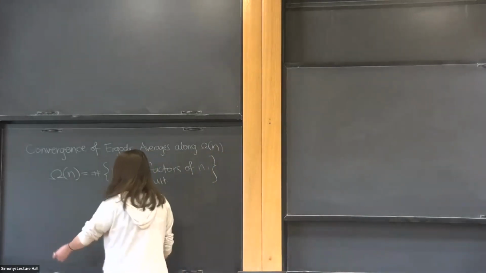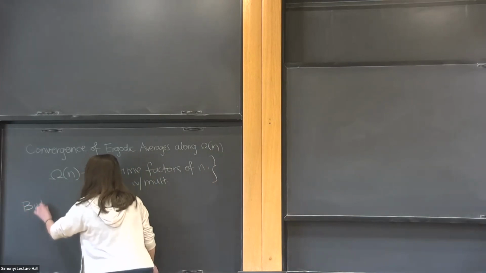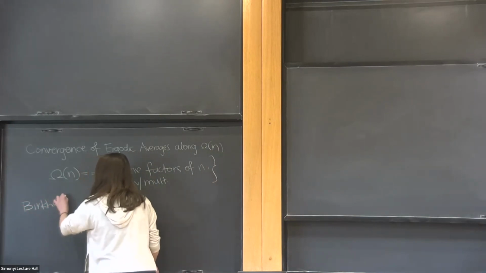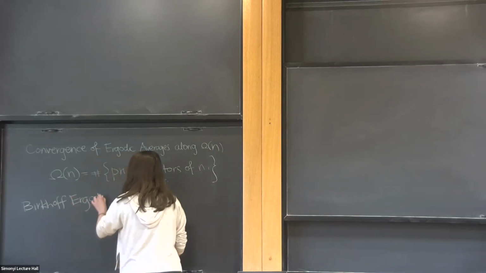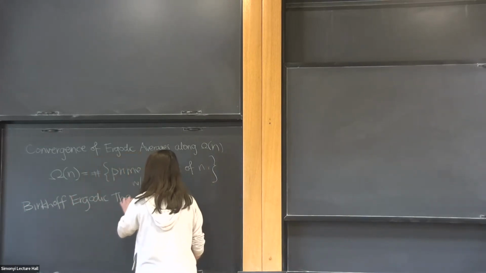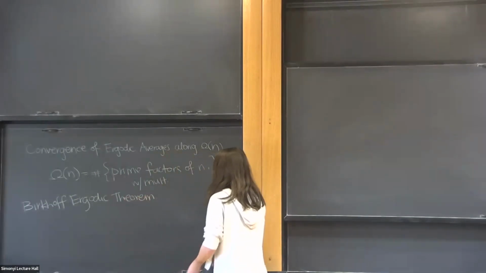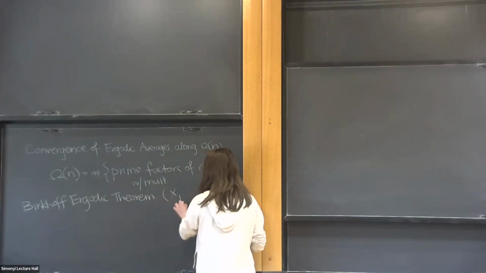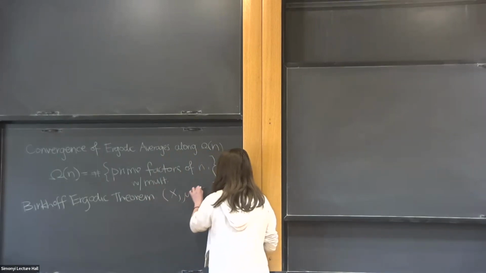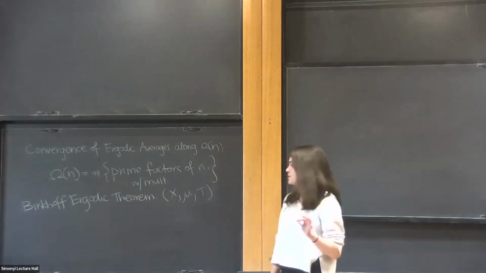So we're talking mostly about pointwise ergodic theorems. I just wanted to start by stating the Birkhoff ergodic theorem, which says that given any measure preserving system, so here our systems are always going to be measure preserving.